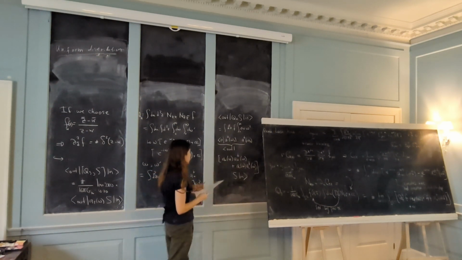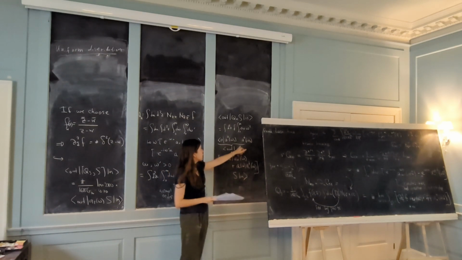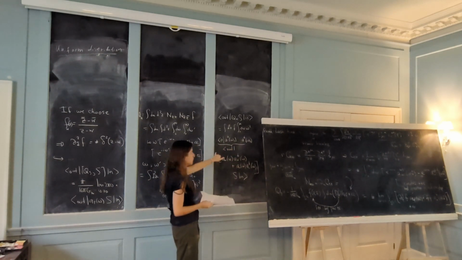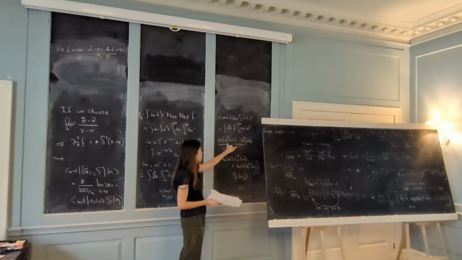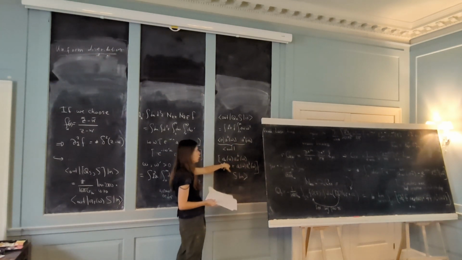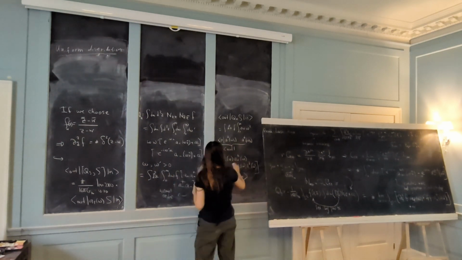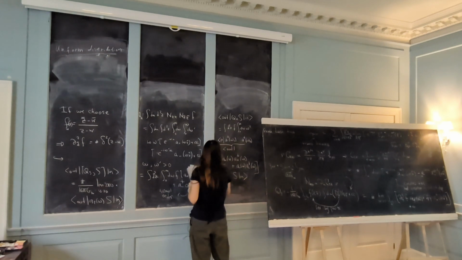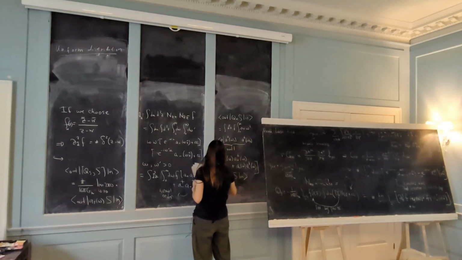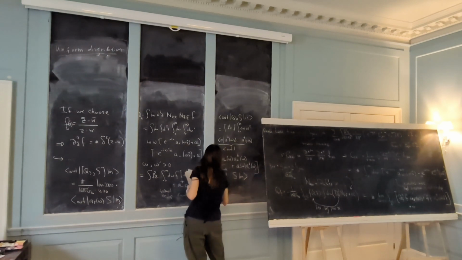And now you basically see what happens. You can just take this and commute it past these guys. Whenever there's a positive helicity operator, this term is going to contribute. Whenever there's a negative helicity operator here, this term is going to contribute. So you can just commute A plus minus all the way.